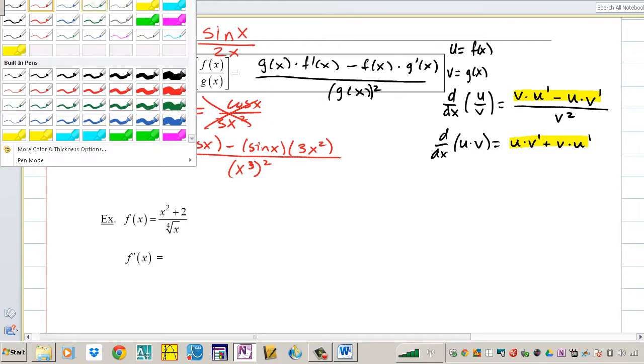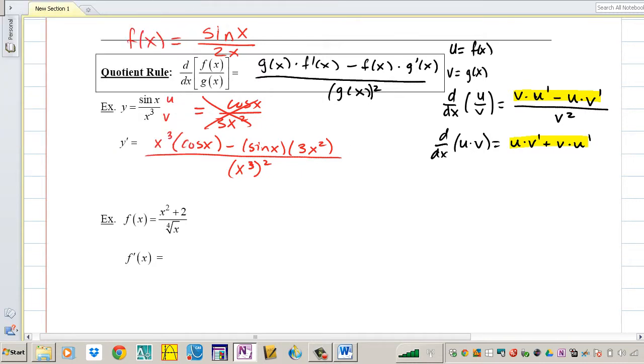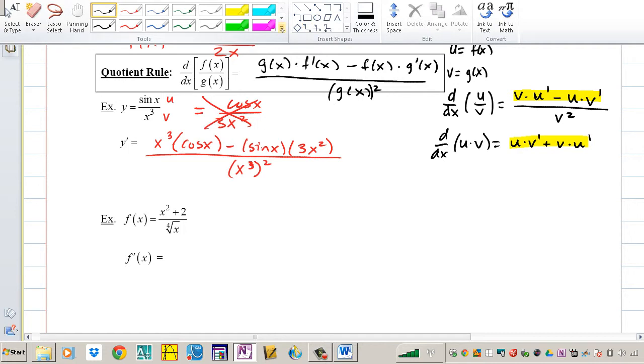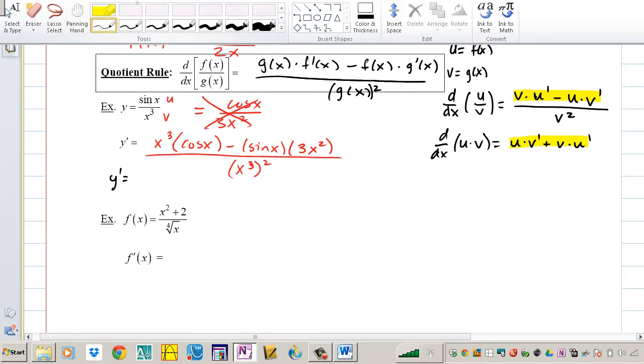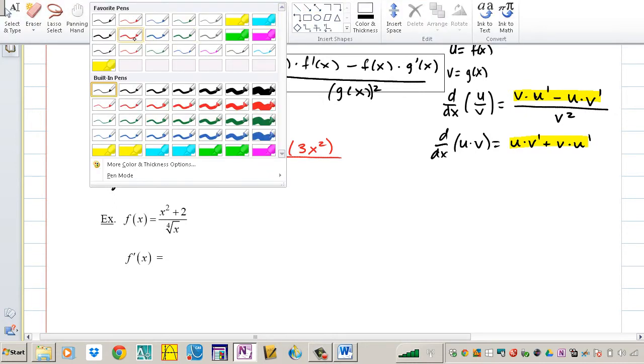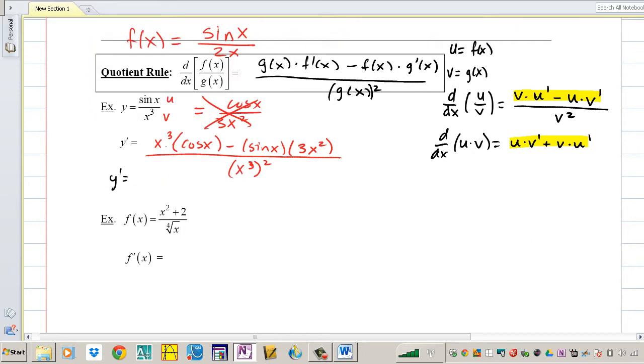So let me clean this up a little bit. Actually, let me choose a finer pen. So what is x cubed times cosine x?